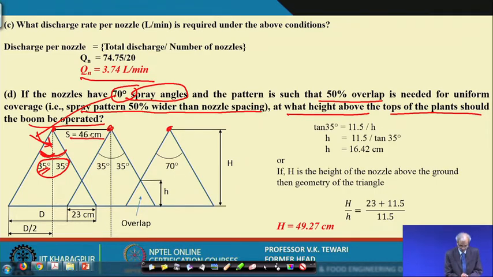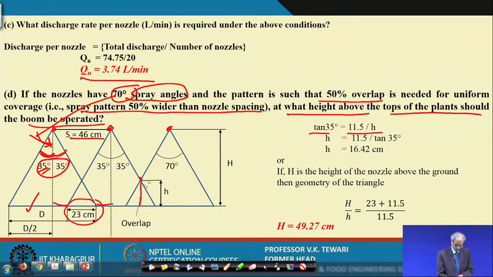Nozzle spacing is 46. So, what do you get here? The coverage in the overlap is equal to this. Now this and this can be found out, so d2 is known to you. So, tan 35 will be 11.5 over h, if h is what we are talking about.